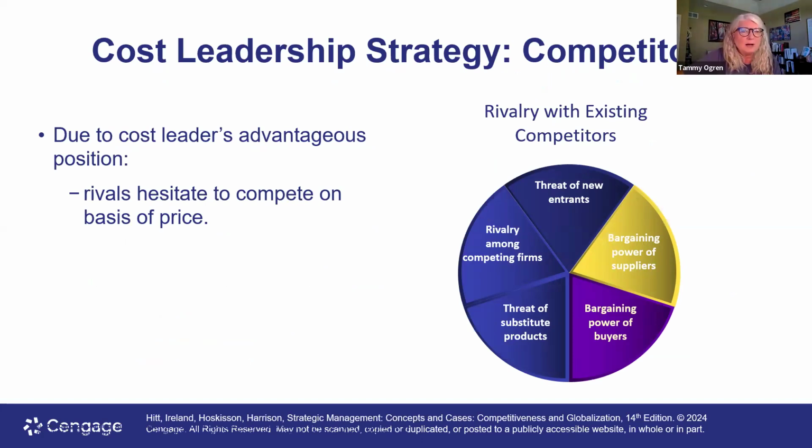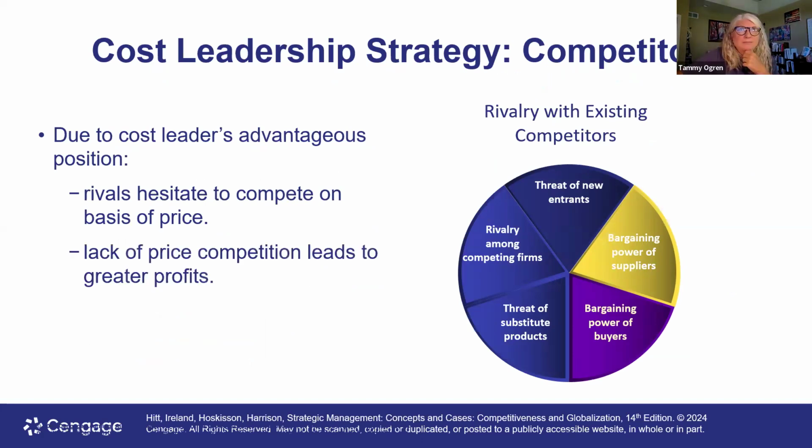then I'm going to talk about how does our cost leadership strategy play out as far as the bargaining power of suppliers. So the suppliers are important, obviously, and achieving that lowest cost position means that I have to compete based on price.